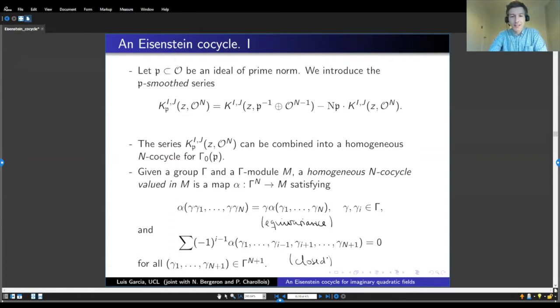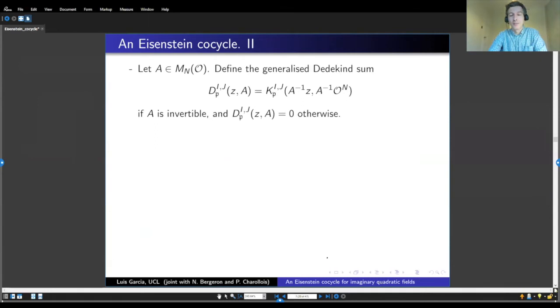Okay, so I can now state the first result. First of all, I'm going to introduce one last bit of notation. If you pick an n by n matrix A with coefficients in O, you can define this object that I call dP_{ij}, which is given by this expression here.